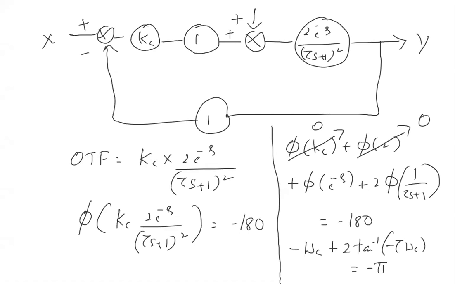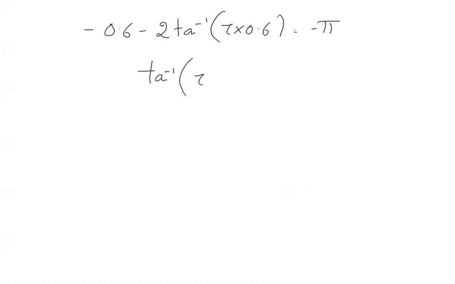So minus 0.6 minus 2 into tan inverse of tau into 0.6 equals minus pi. So tan inverse of tau into 0.6 is equal to (pi minus 0.6) divided by 2.